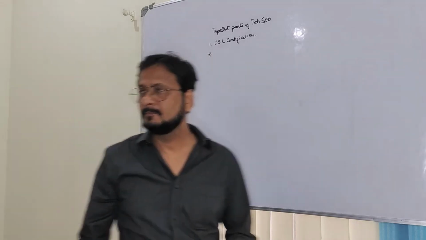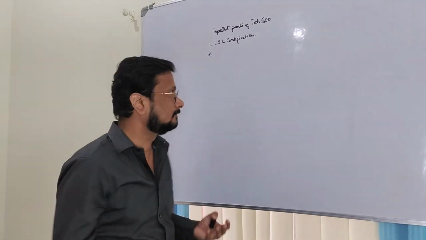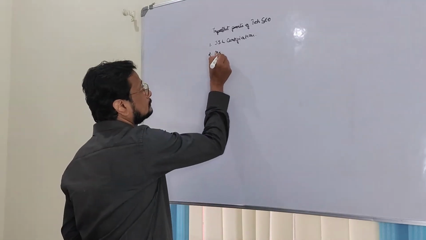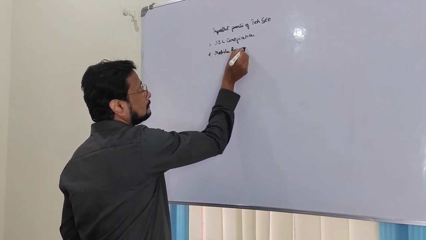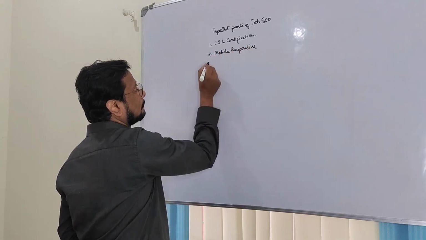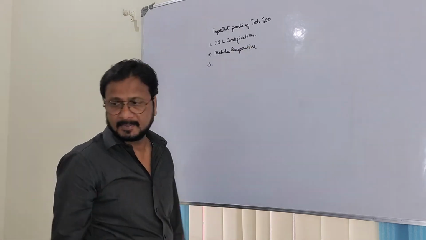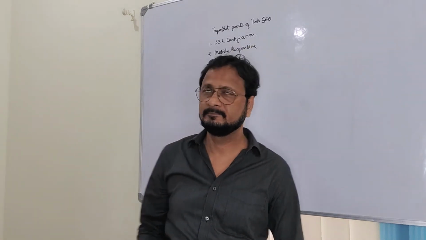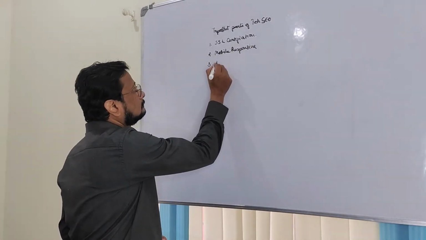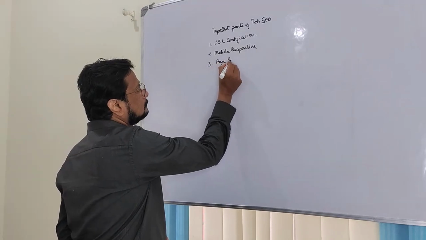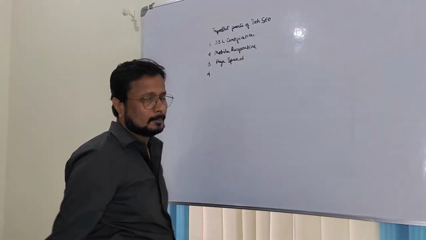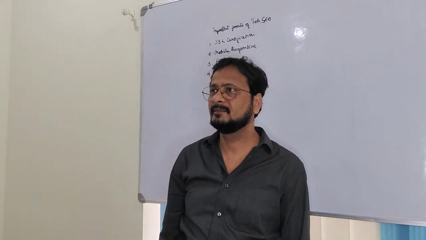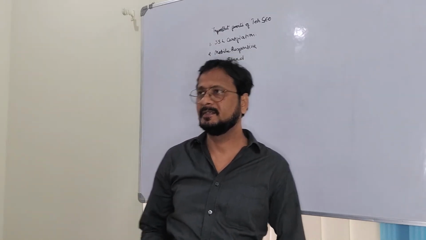Second is the mobile responsiveness of your website. Number three aspect is page speed. Number four aspect is the canonical or duplicate content.